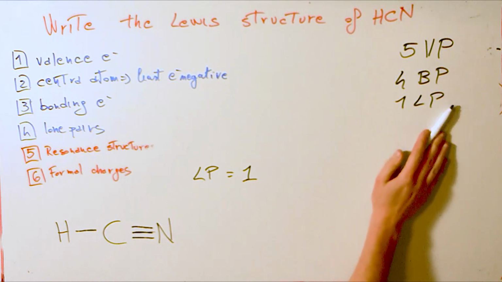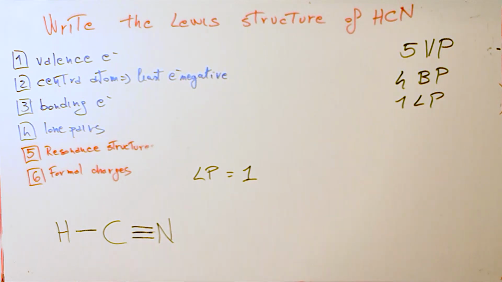Where is this lone pair located? This lone pair is located on the nitrogen. Why? Because, as we have already said, hydrogen has already observed the duet rule, having 2 electrons here. Carbon also has already observed the octet rule because it has around it 2 plus 2, 4 plus 2, 6 plus 2, 8 electrons.